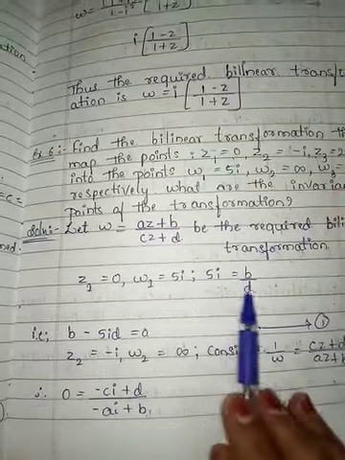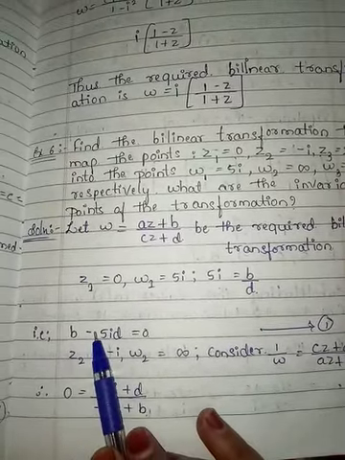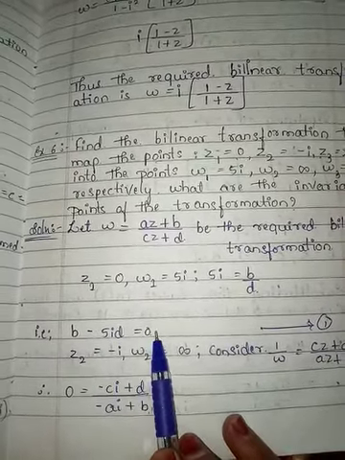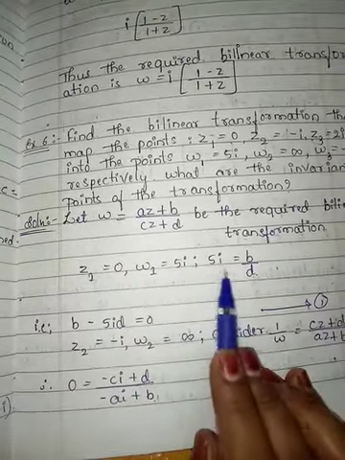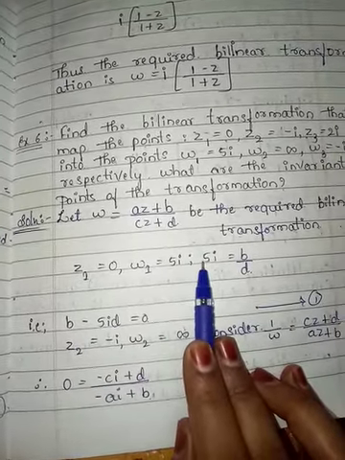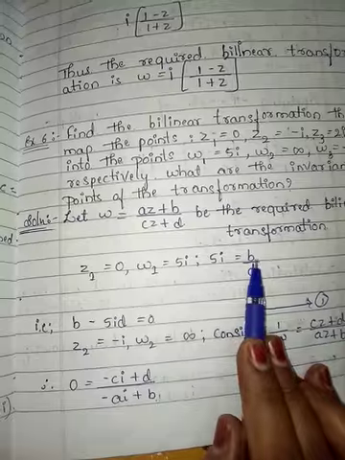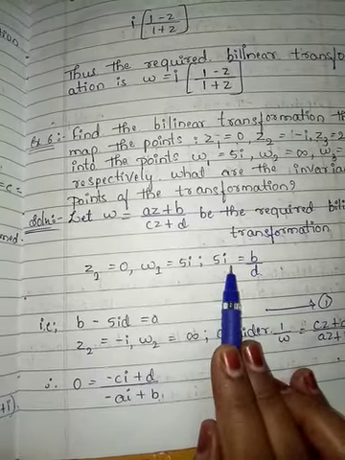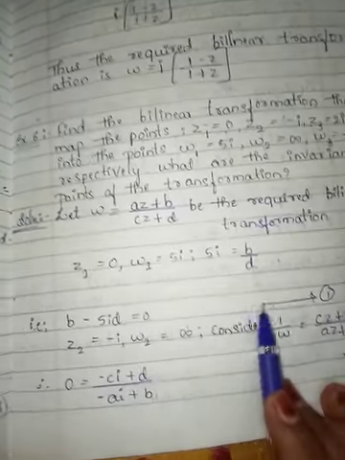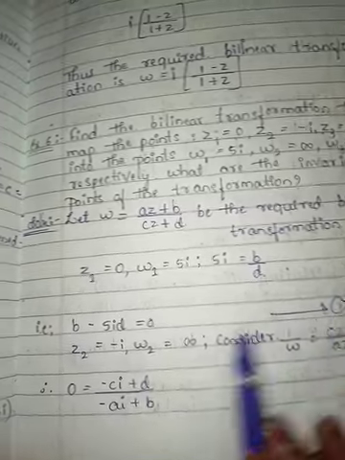That is, b - 5id = 0. Take d to this side, we get 5di = b. Therefore b - 5id = 0. Name this equation 1.